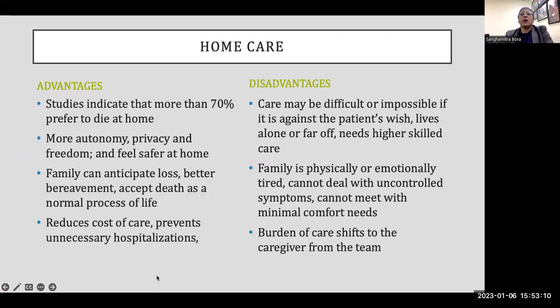Okay, so last but not the least, the burden of care actually shifts from the team to the caregiver. So perhaps this is the only person in the house, generally the lady of the house, who's taking care of the food, taking care of the children, taking them to school, doing all the household chores, and lastly taking care of the patient who is at home.